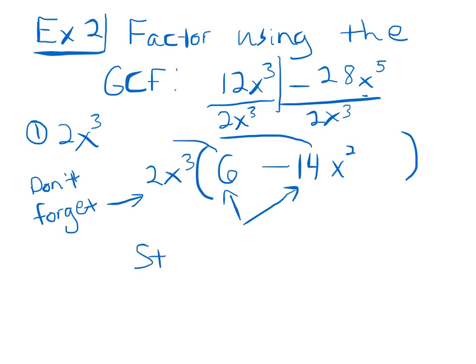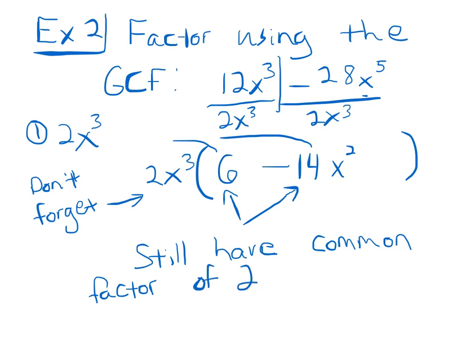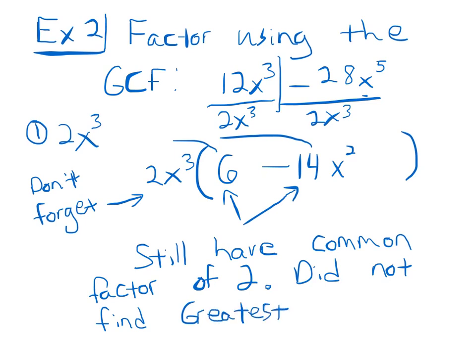So I want you to write this. Still have common factor of 2, which means our mistake was that we did not find the greatest common factor.